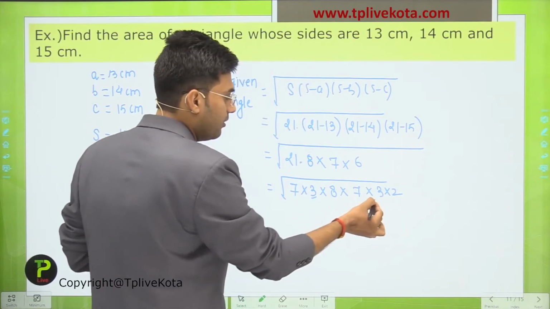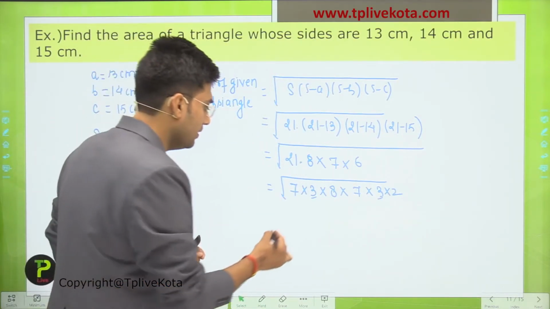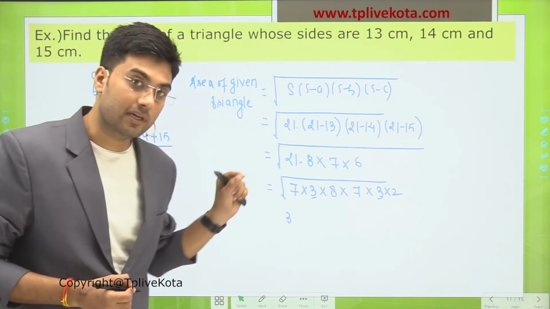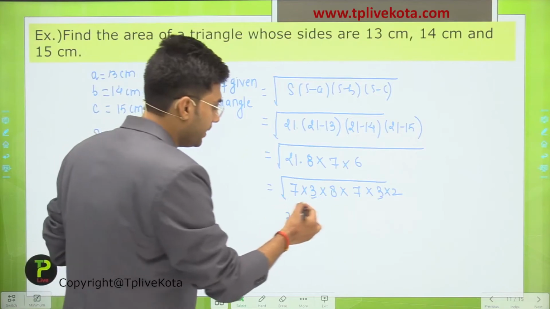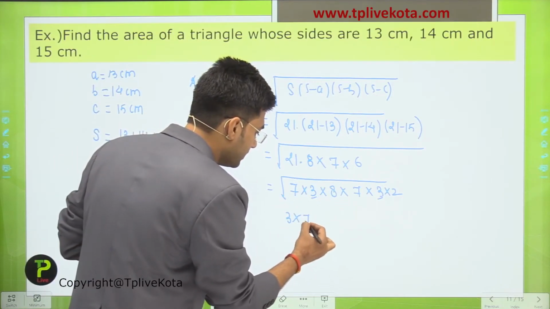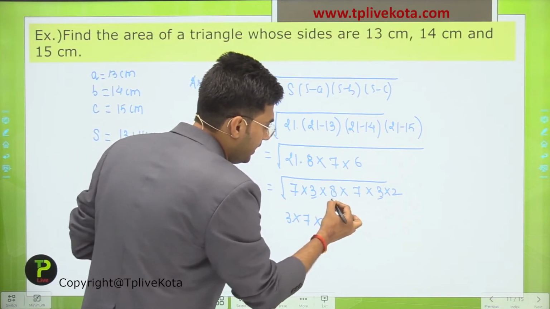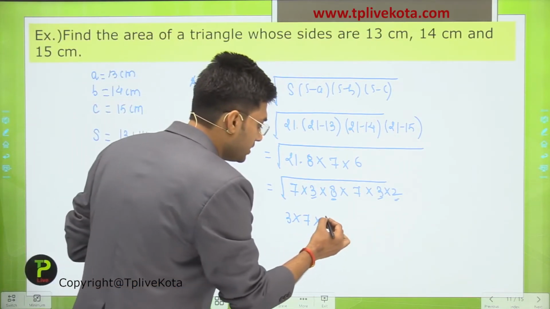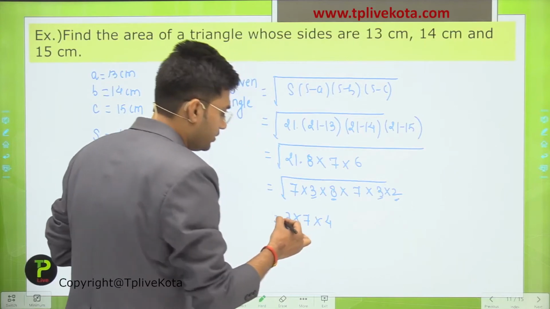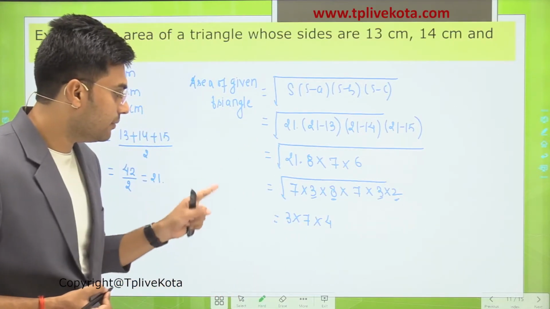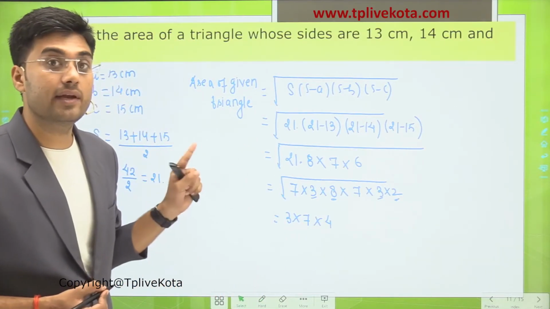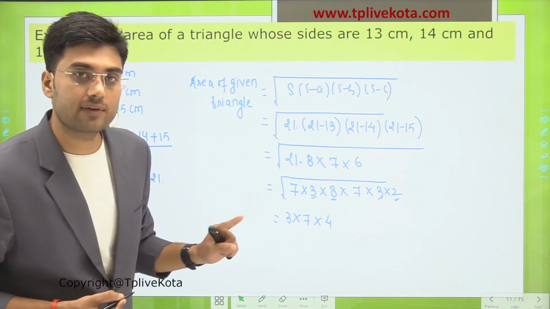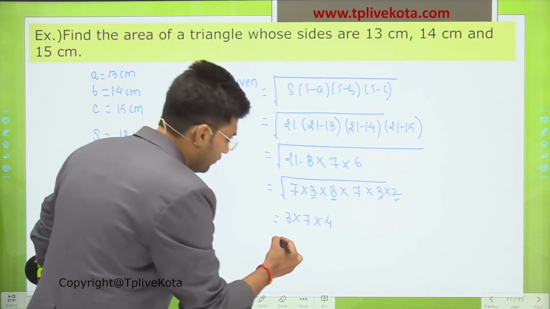So here we have a pair of 3, so we can write it as 3, because the square root of 3 multiplied by 3 is 3. Here we have a pair of 7, so we can write it as 7, and 8 multiplied by 2 is 16, and the square root of 16 is 4. So now 3 multiplied by 7 multiplied by 4 is 84.